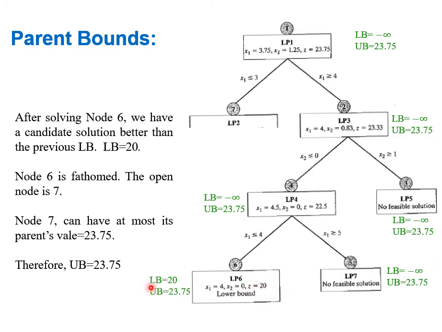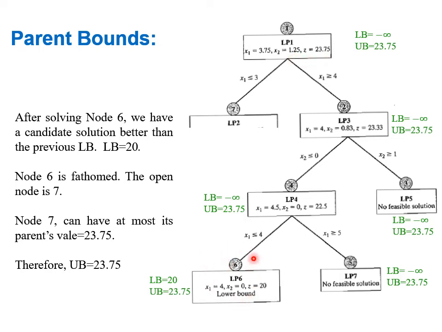Therefore, we update our lower bound to 20. And what about the upper bound? Okay, so this node is fathomed because of integer feasibility, and the only node that remains unexplored is node 7. And the best possible that we can obtain from node 7 is given by its parent, which is 23.75. So this is the upper bound.